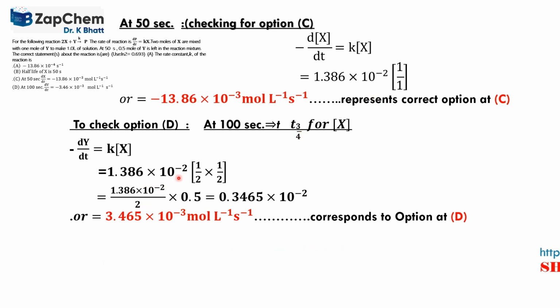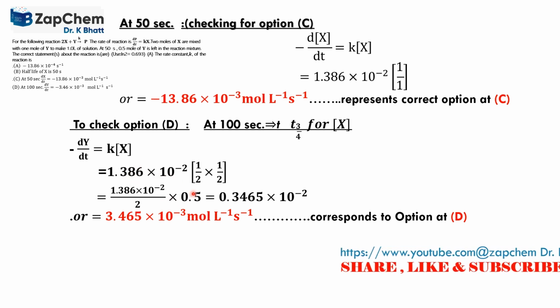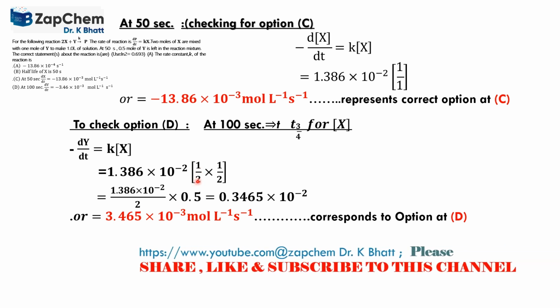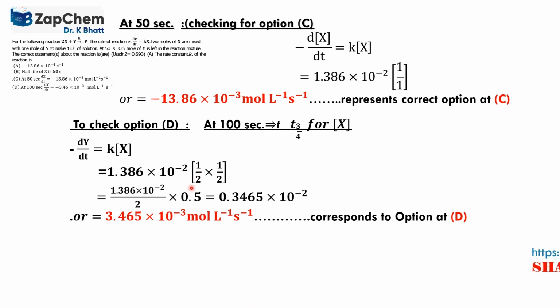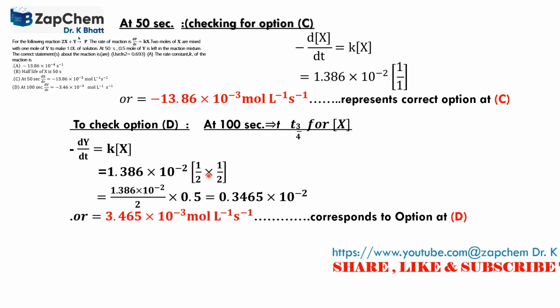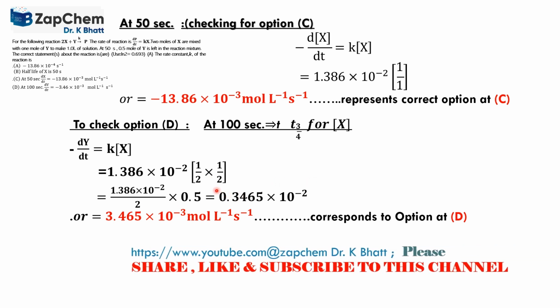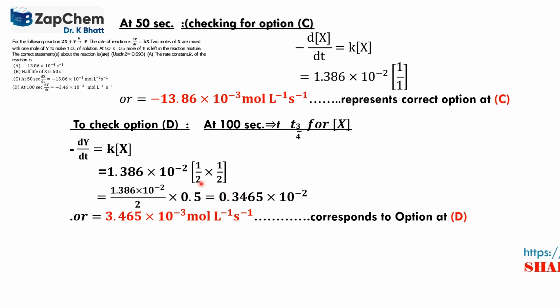So far as Y is concerned, after one half-life it will be left to half, and after the next it will be left to half of the half, that is 1 upon 2 raised to power 2, or 1 upon 2 multiplied by 1 upon 2.